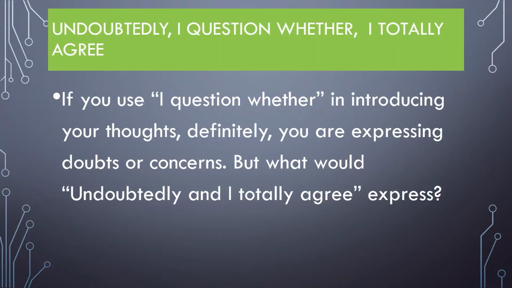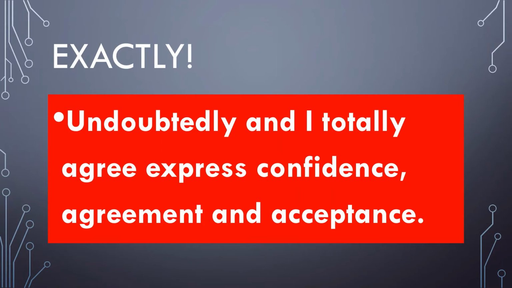Now, if you use "I question whether" in introducing your thoughts, definitely you are expressing doubts or concerns. But what would "undoubtedly" and "I totally agree" express? Exactly. Undoubtedly and "I totally agree" express confidence, agreement, and acceptance.